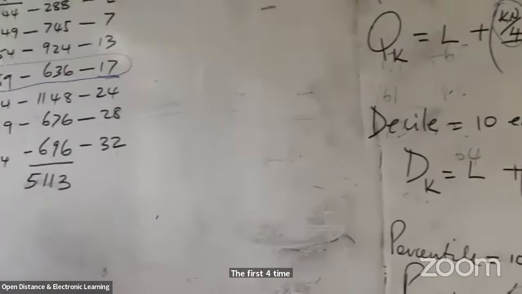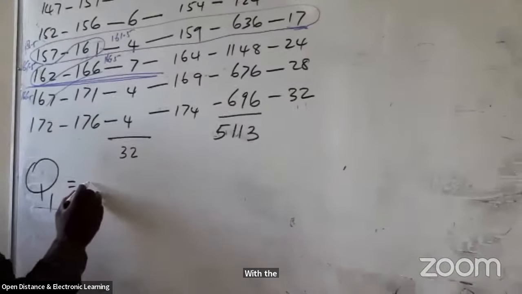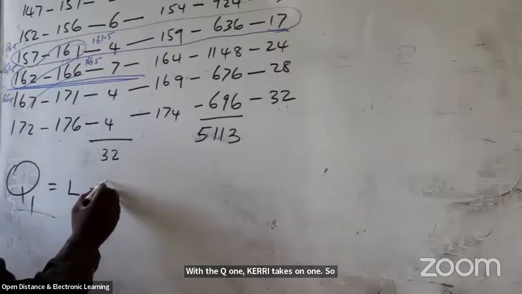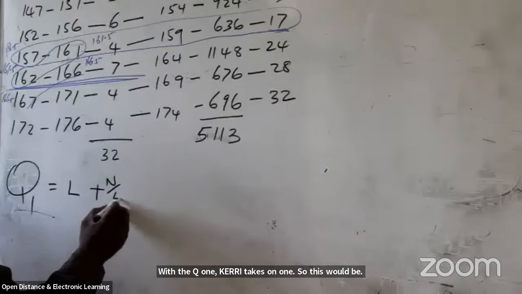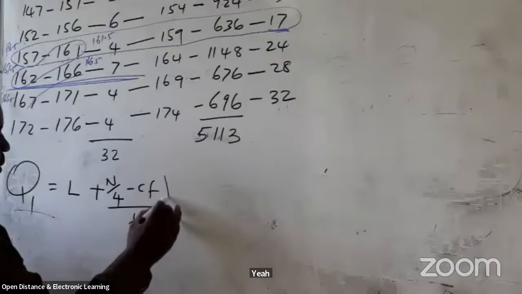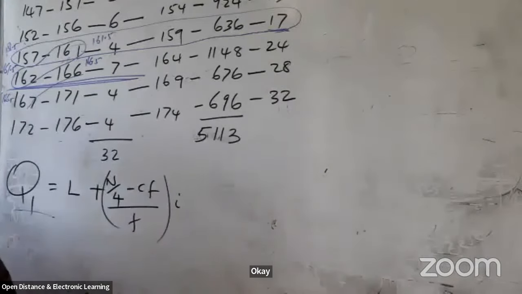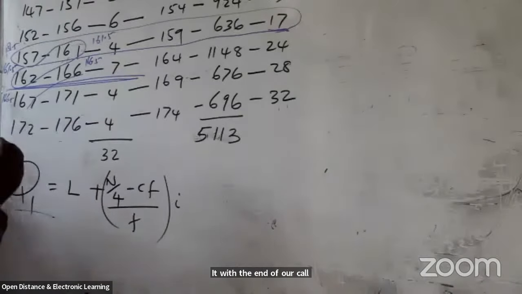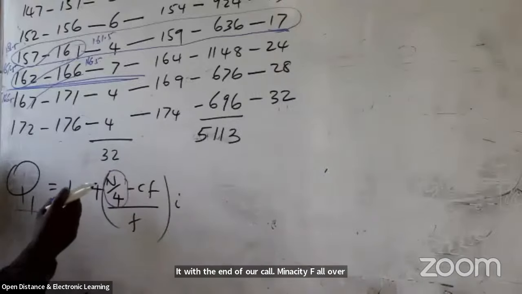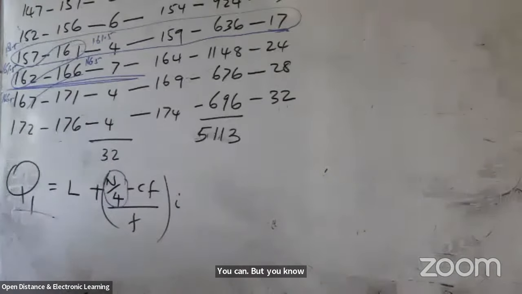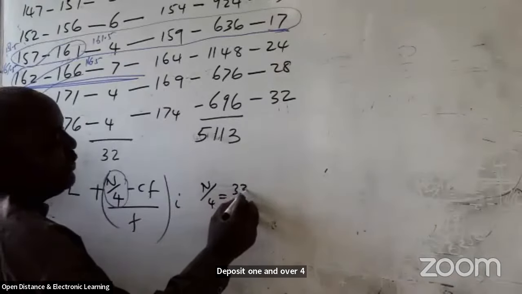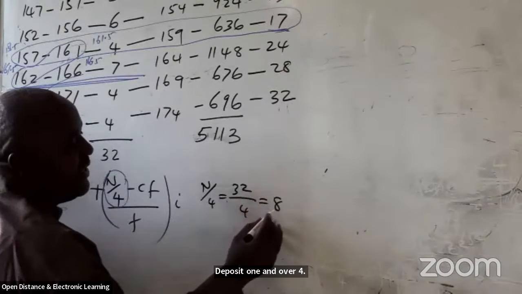With the Q1, K takes on 1, so this would be equal to L plus 1N, that remains with N over 4, minus CF all over F multiplied by I. Now my essence is, how do I now get this? Because it's 1N over 4. So my N over 4 would be equal to 32 all over 4, and that is 8.